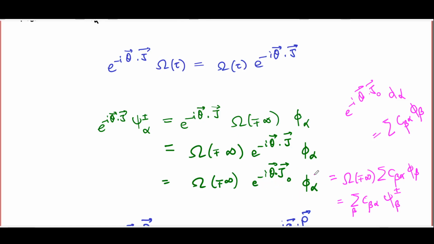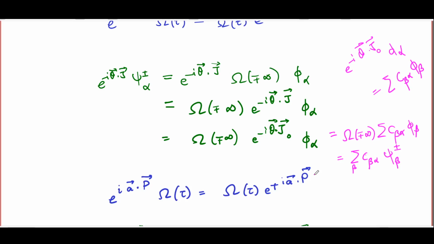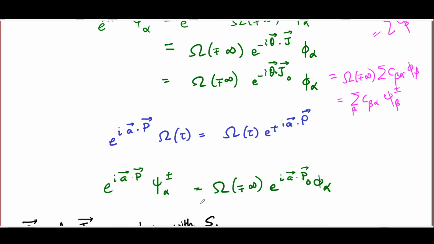Very similarly, the fact that e to the iA dot P, the operator which acts on a state when you carry out a spatial translation through a vector A, commutes with omega tau and hence with omega minus plus infinity in particular, has an immediate consequence: the way in which in and out states transform when you carry out a translation exactly mimics the way in which free particle states transform when you carry out the same translation.